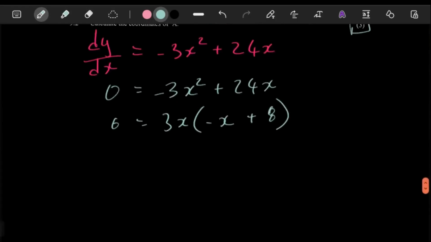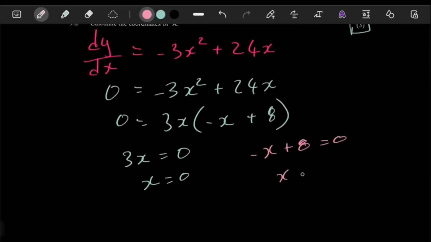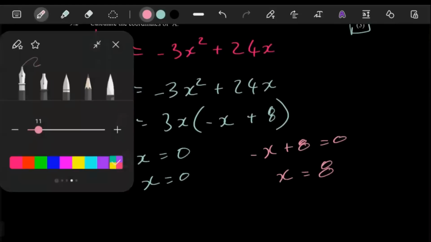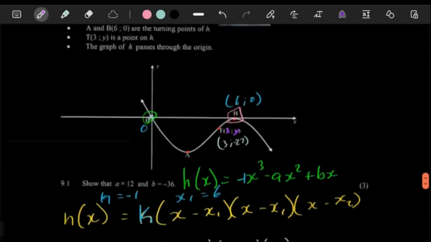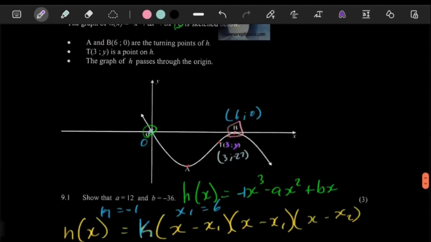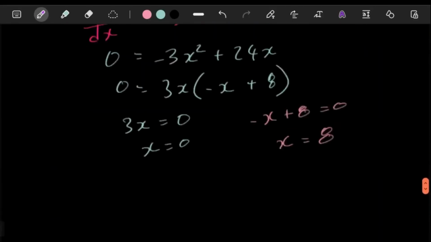So here we have 3x equal to 0, and then x is equal to 0. The other one, -x plus 8 equal to 0, x is equal to 8. Okay, so what do we do now? Well, this does not make any sense because 8 is not one of our answers.